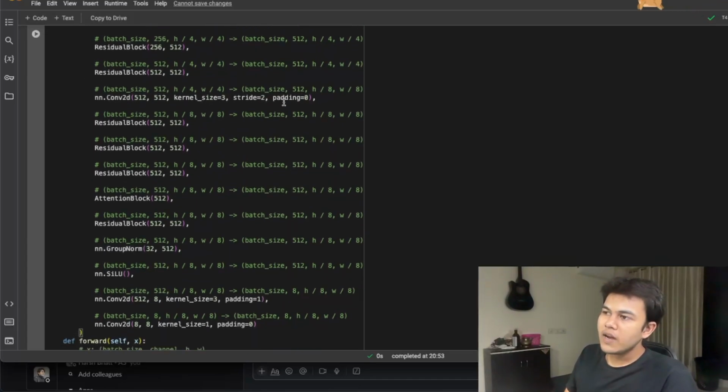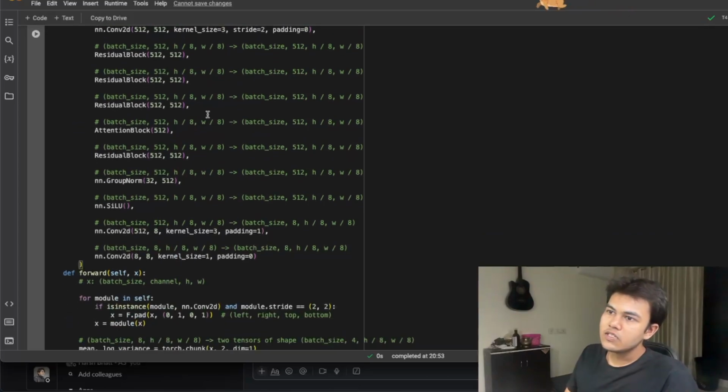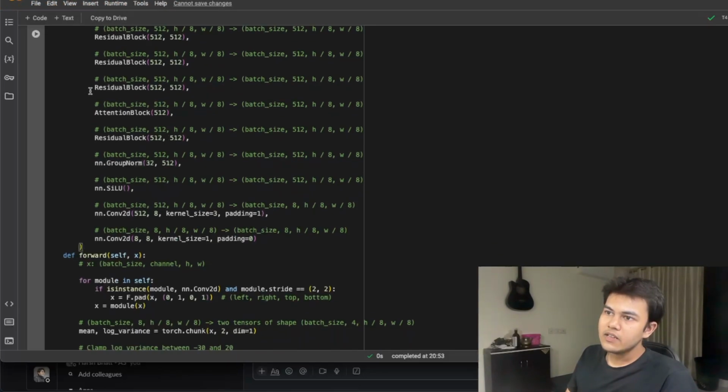It's the same pattern until we reach h divided by 8, w divided by 8, and then we can use the attention block here for doing the attention stuff.